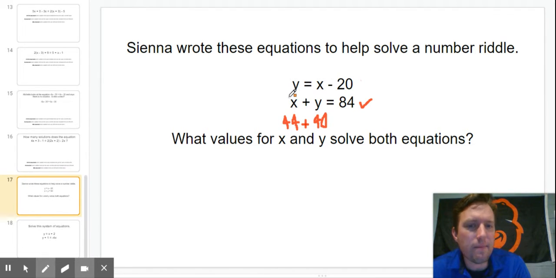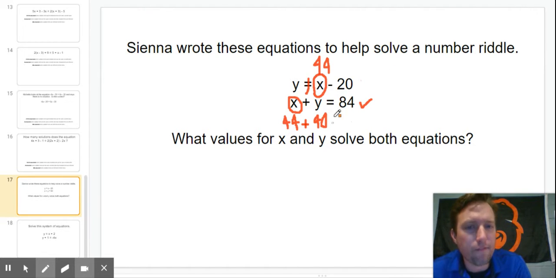If I took the same value for x, 44, and plugged it into my first equation, does 44 minus 20 equal y? Would that equal 40? No, because 44 minus 20 would give me 24, so this would not be equal.